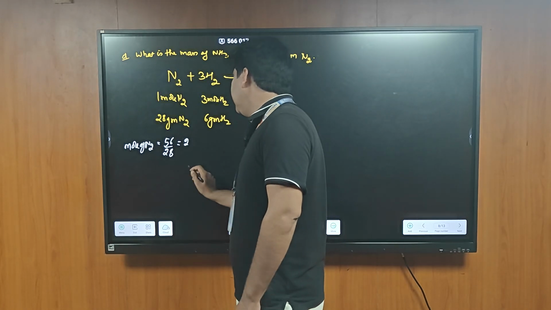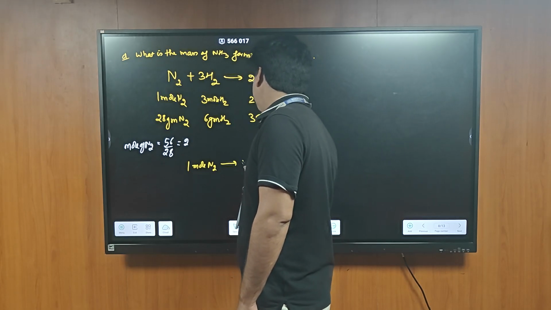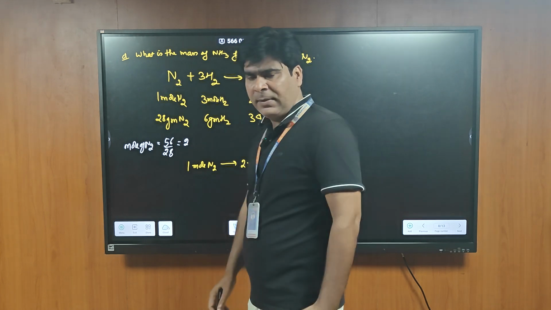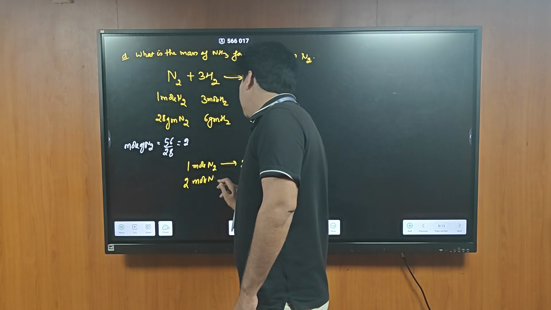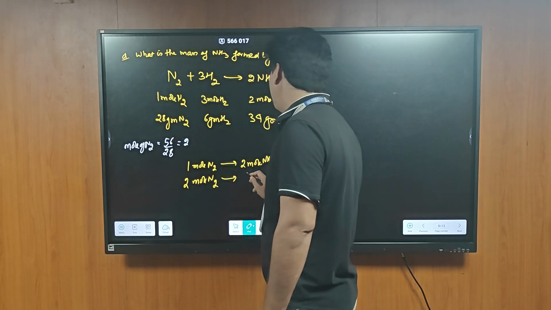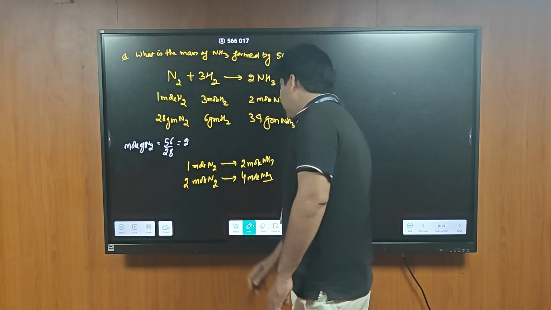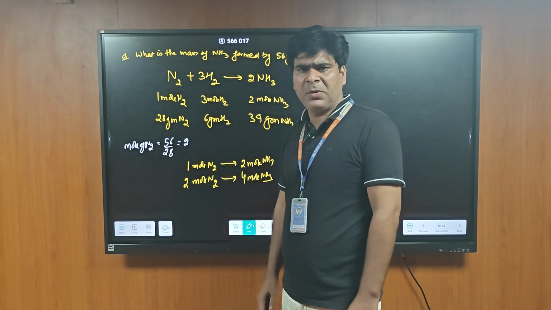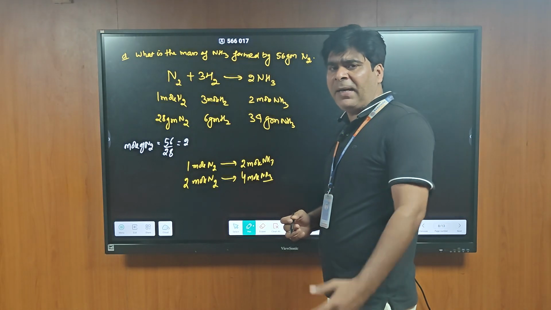Now we say that 1 mole nitrogen is giving 2 mole ammonia, then 2 mole of N2 will be giving 2 into 2, 4 moles of ammonia. Now we have calculated moles of ammonia, then we can calculate mass also, right?